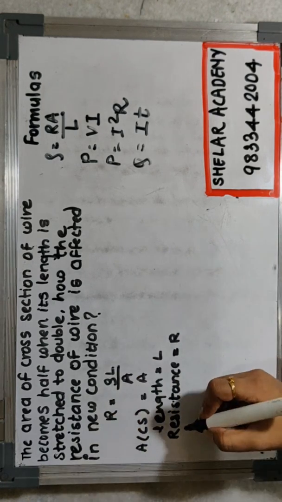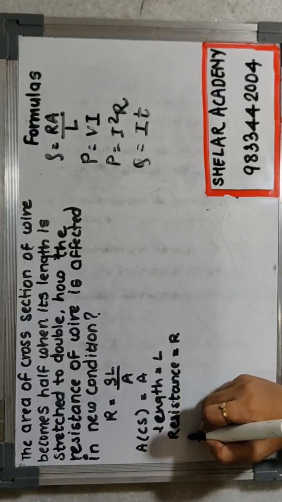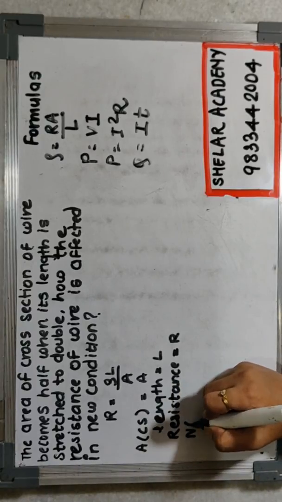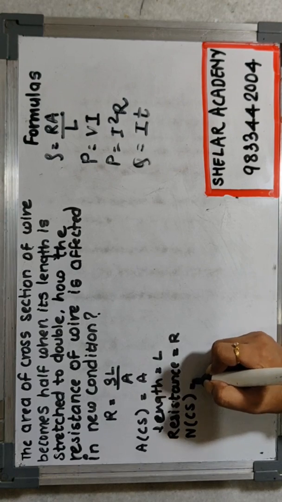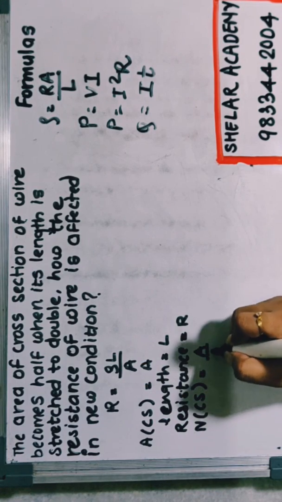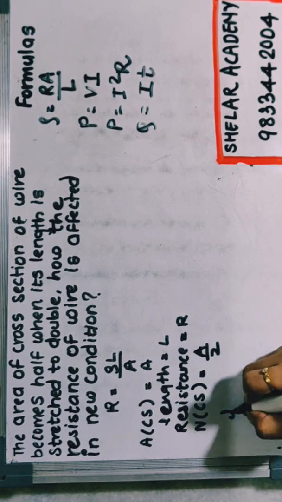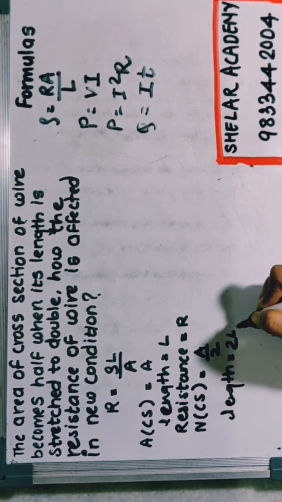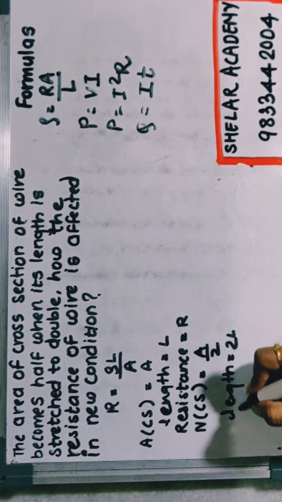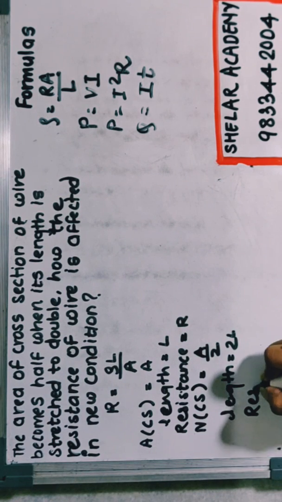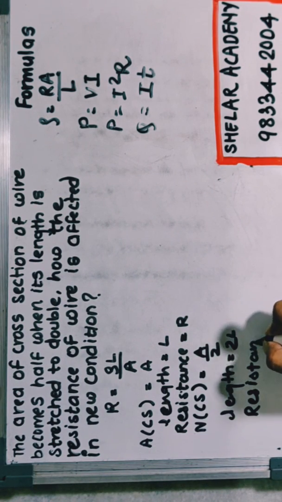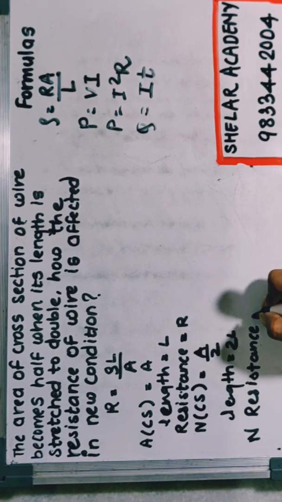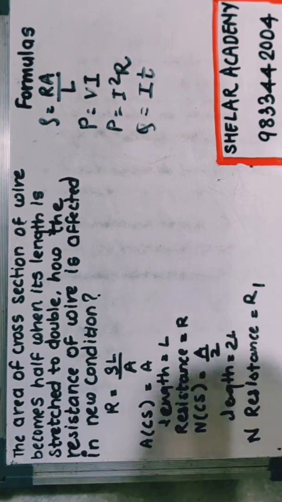Original resistance of the wire is R. Now the new area of cross section becomes A by 2. The new length will become 2L, because they have said it is double. And the new resistance becomes R1.